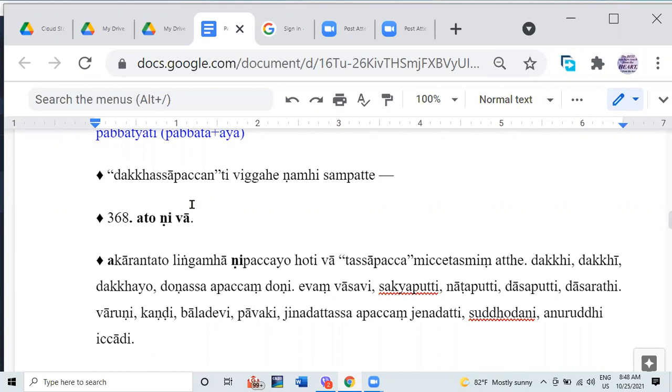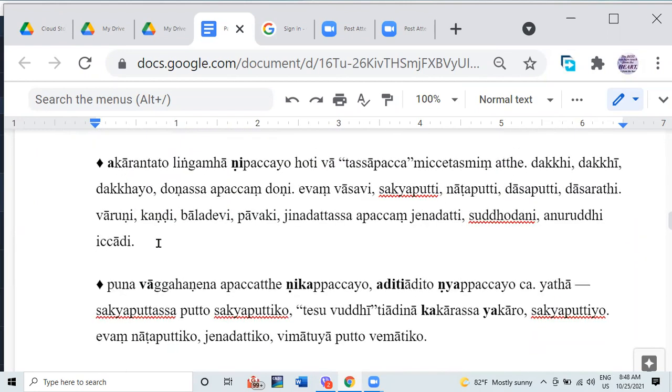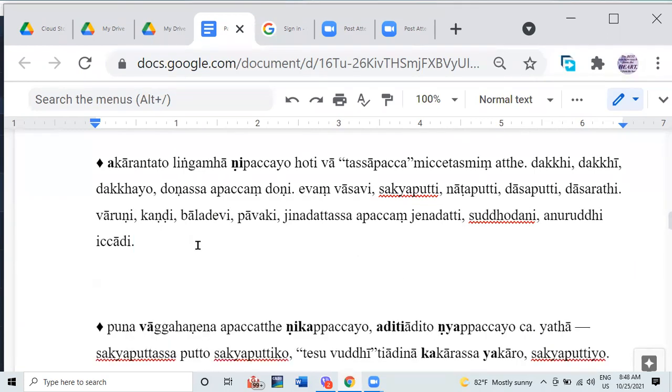So in that definition, after the past term Dakasa, we add ni suffix. Okay, I will type for you.